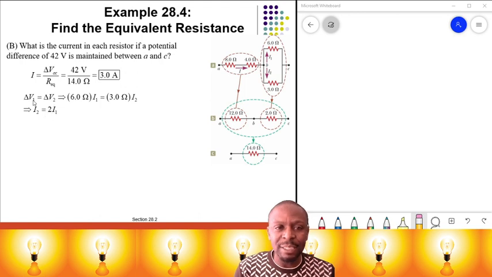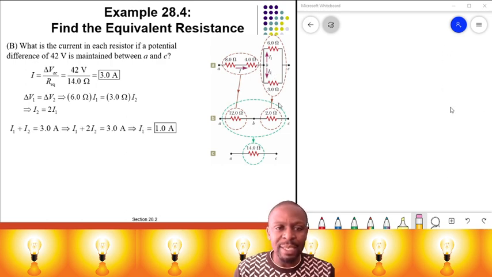The change in V1 is 3 times I1, and it's 6.0 times I2, which is the same as 3.0 times the I2. This is because the magnitude of this resistance is twice the magnitude of the other resistance.